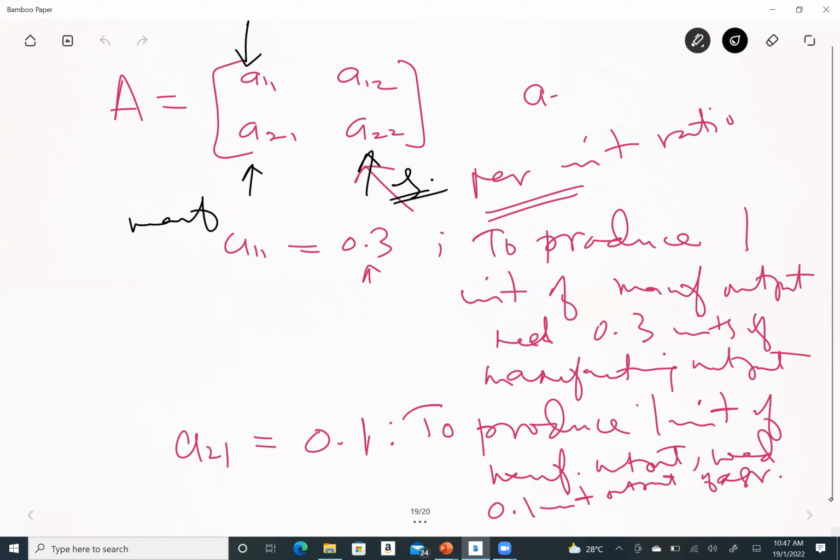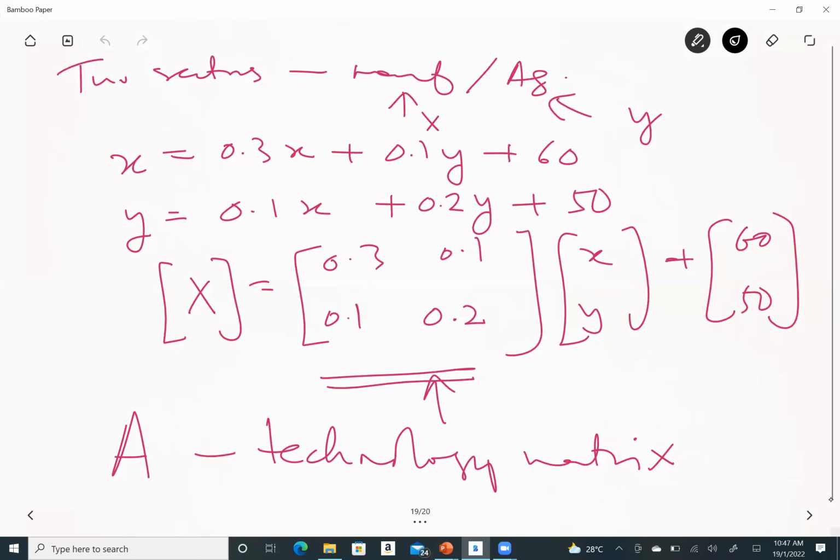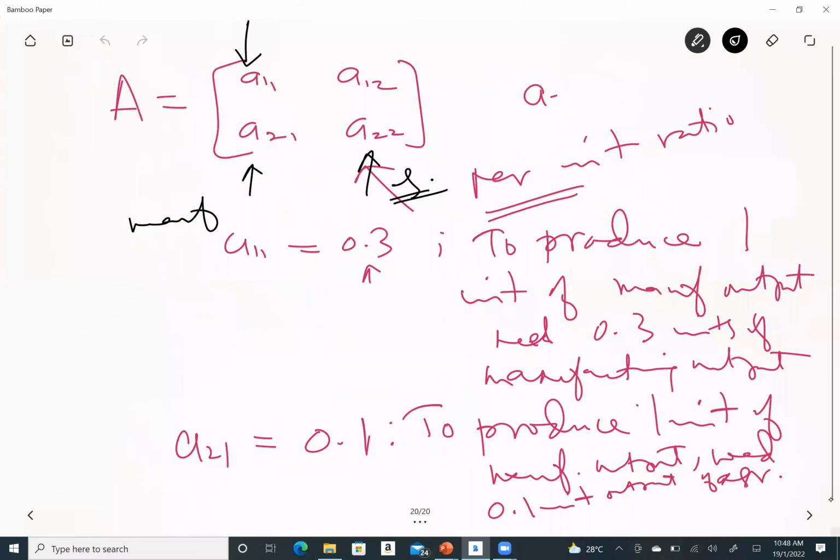How do you know? We know from how you develop the question. You have X equal to X and Y, so this is X, manufacturing, and this one is Y, agriculture. Now, how do you interpret the value of the numbers? The numbers indicate per unit input requirement. In terms of the columns, it's per unit input.